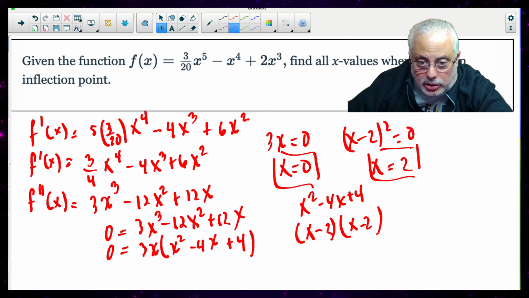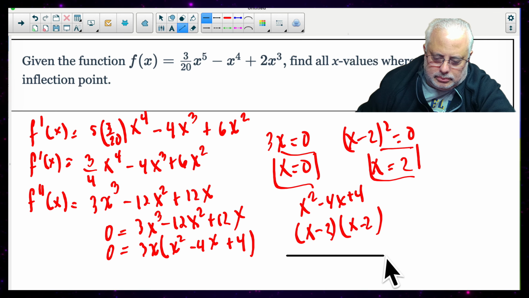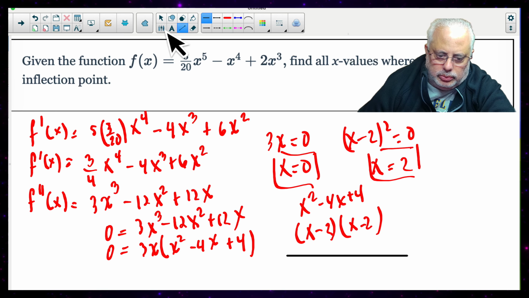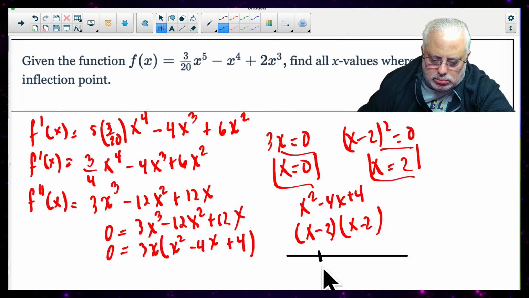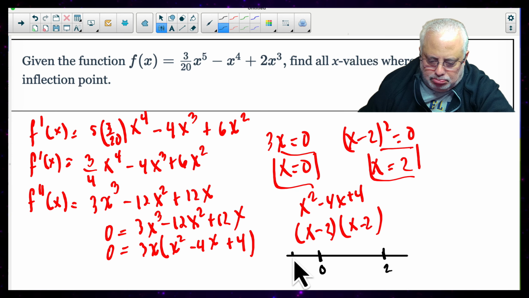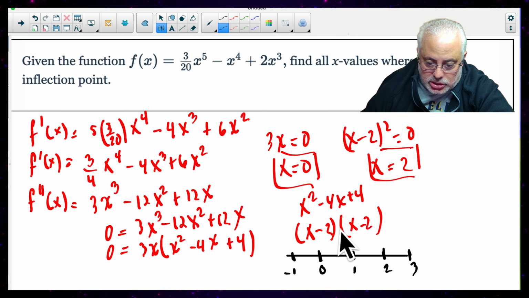Let's do it now. First, we're going to use the number line right here, and we're going to place 0 and 2. I'm going to place negative 1 right here, 1 here, and 3 here. So I have those values. Remember, my candidates are 0 and 2.